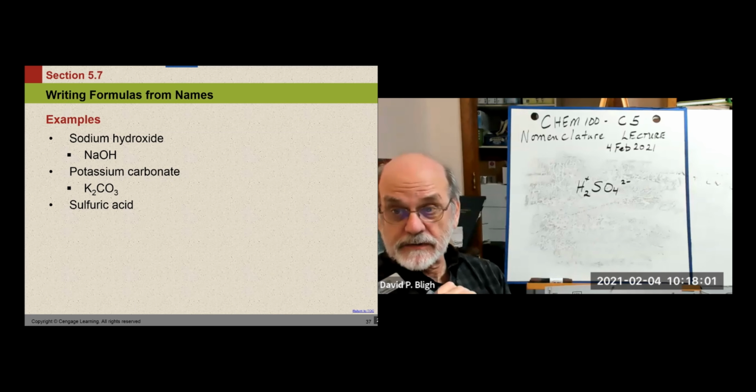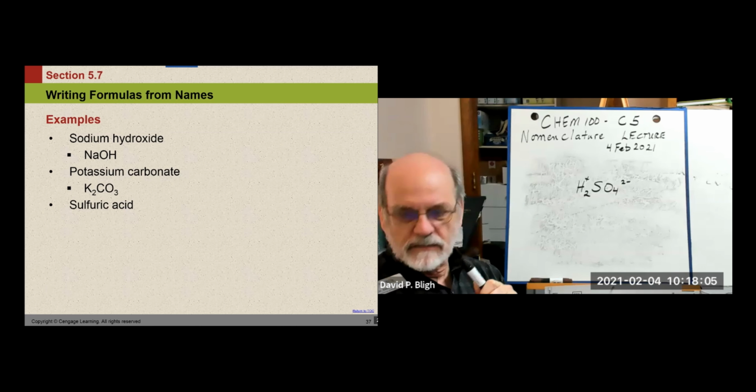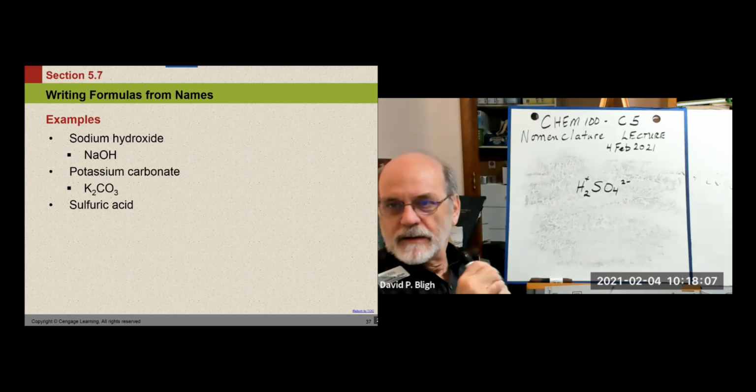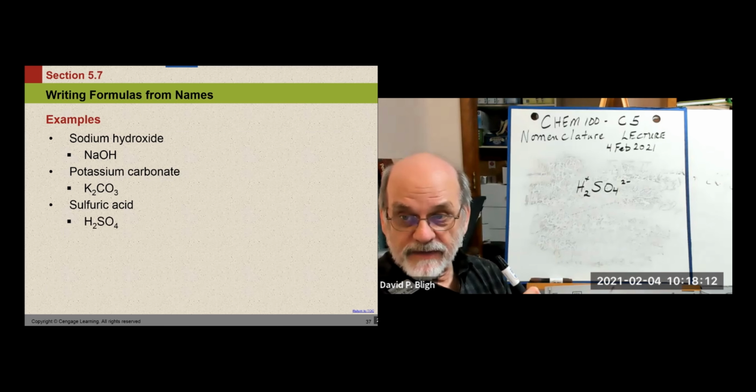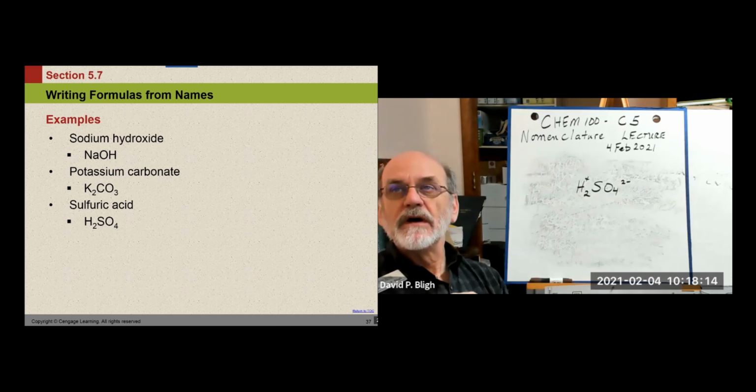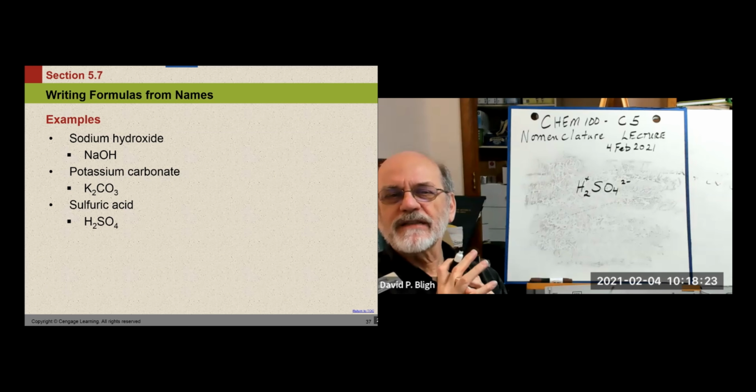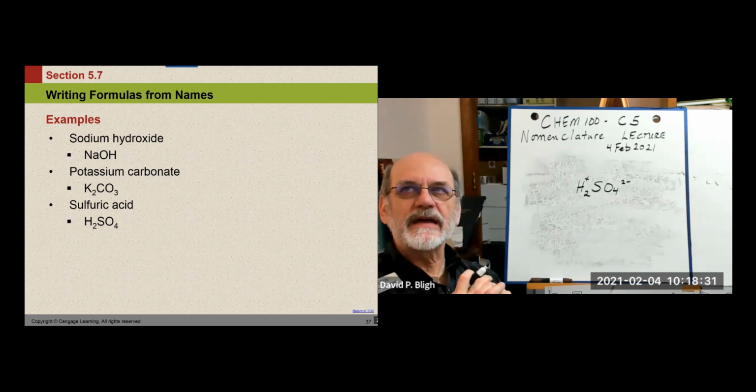Okay? Now, there are cases where hydrogen can be negative. In that case, hydrogen will be written in the anion position. For instance, let's see. I'm trying to think of one, I don't want to just invent a compound that doesn't really exist.